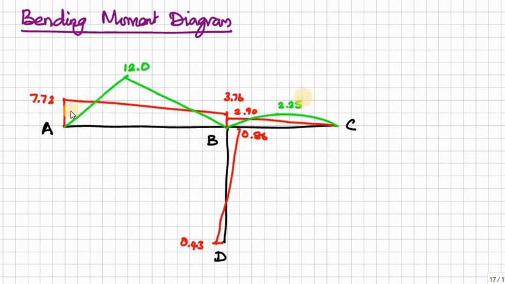So the remaining portion is our net bending moment diagram. This portion is minus, this is positive, this is minus, this is positive, this is negative. So this is our BMD.